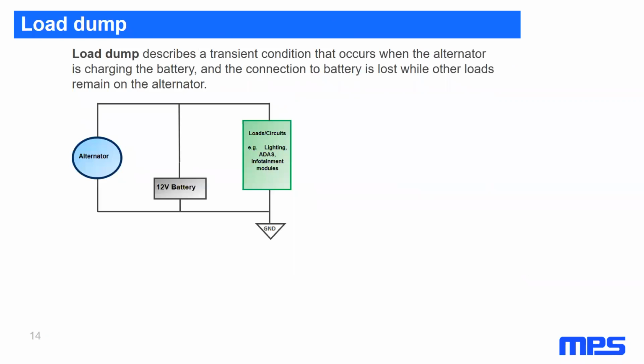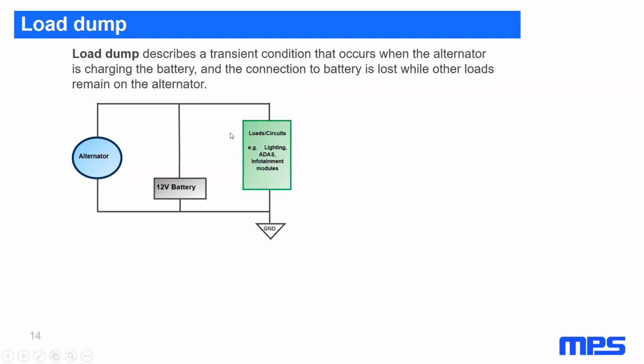Load dump describes a transient condition that occurs when the alternator is charging the battery and the connection to battery is lost while other loads remain on the alternator. As shown in the diagram, when the engine is running, the alternator is charging the battery while also providing power to other modules and circuit loads in the vehicle.